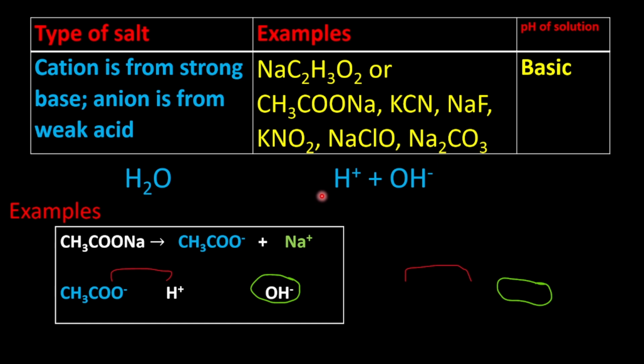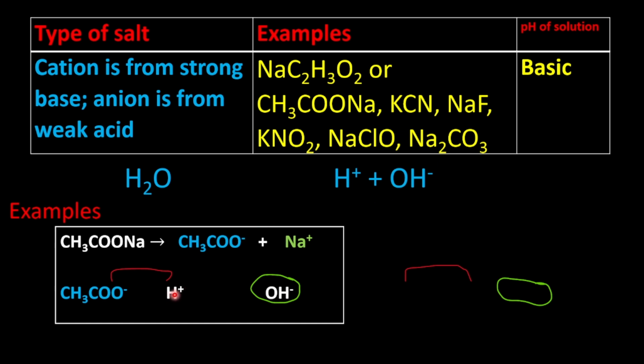Now the question is, which one can be combined with what we have here? This is negative and that is positive. So this positive and negative can combine. This negatively charged OH- here cannot combine with this because they have the same charge.